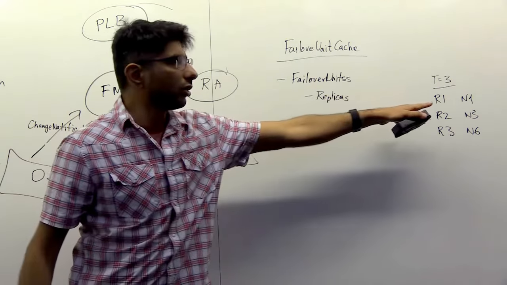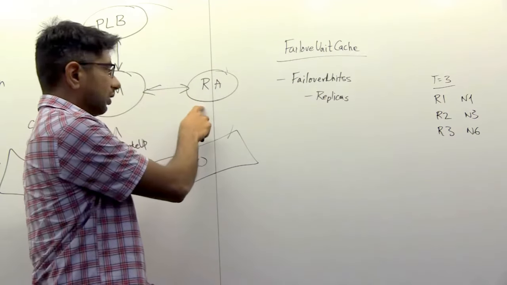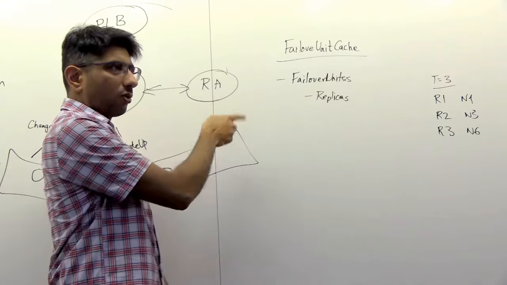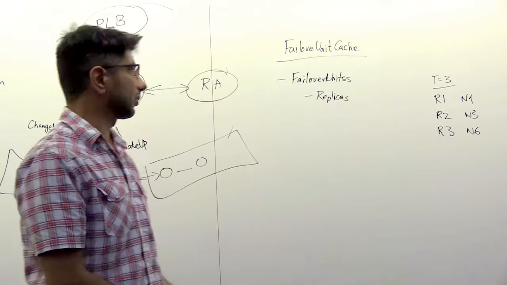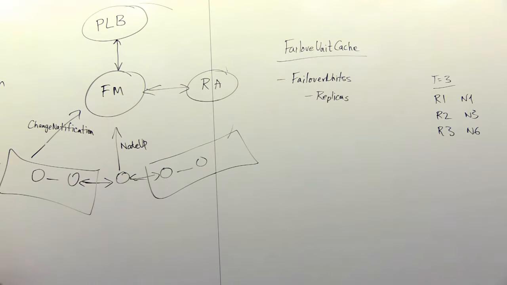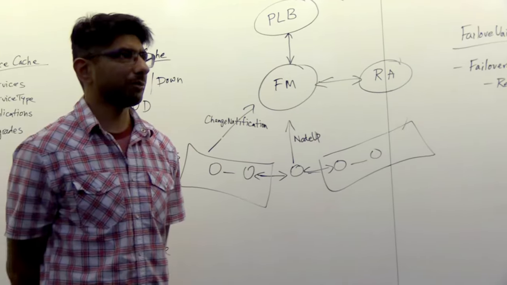For placing replica 1 on node 1, FM would send a message to the RA on node 1 and ask it to create this replica. Same thing for the other replicas. In that message, FM would provide enough information for RA to be able to create those replicas.